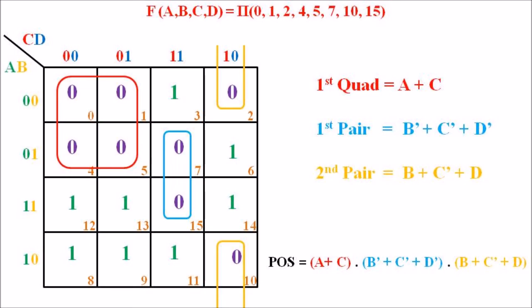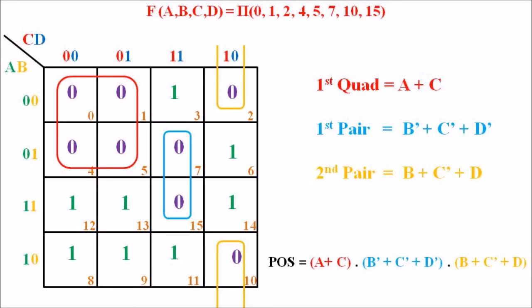So we had got the function f of A, B, C, D equal to Pi of 0, 1, 2, 4, 5, 7, 10, 15, which can be reduced as POS equal to (A plus C) into (B bar plus C bar plus D bar) into (B plus C bar plus D).